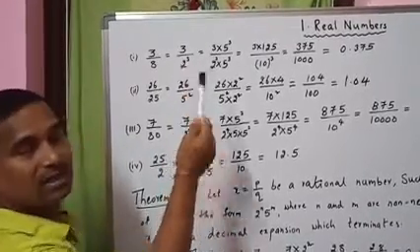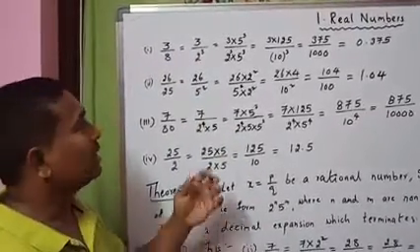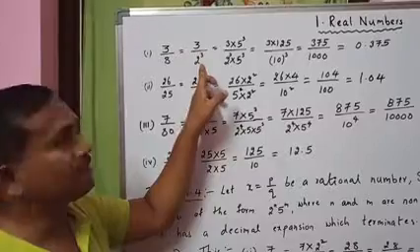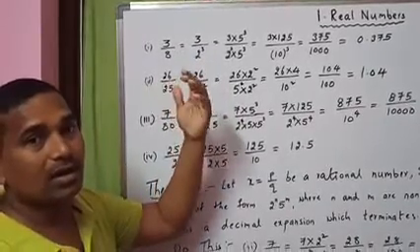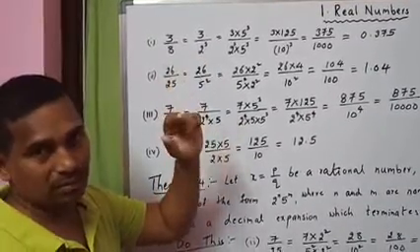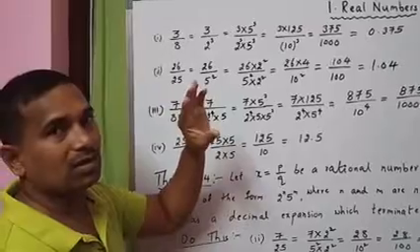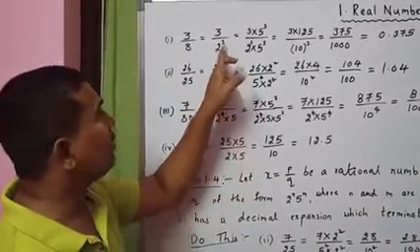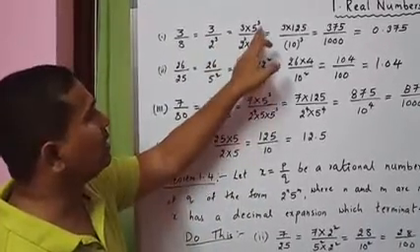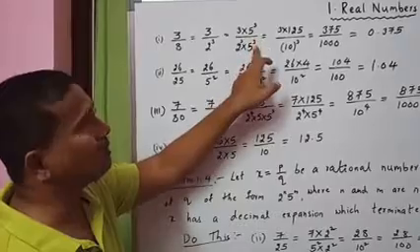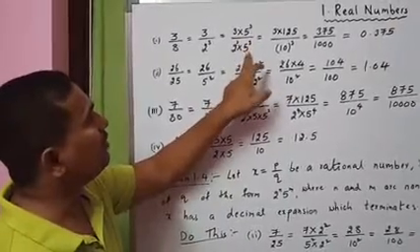To convert this into decimal form, let us convert this denominator into the form of 10 power something. Here 2 power 3, so multiply and divide with 5 power 3. So 2 power 3 into 5 power 3.